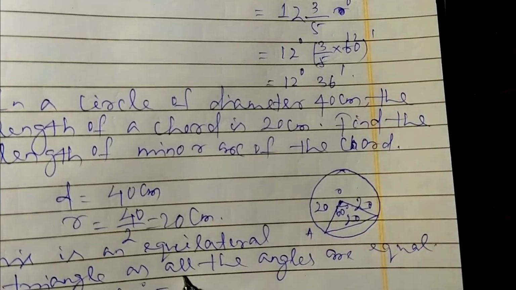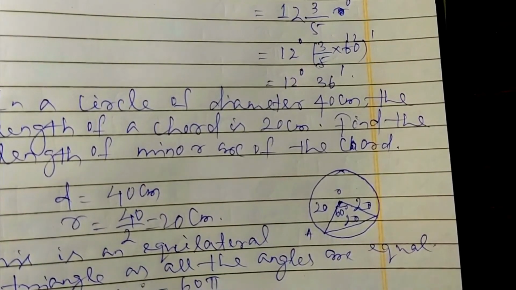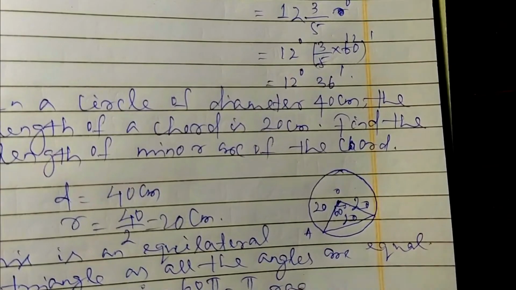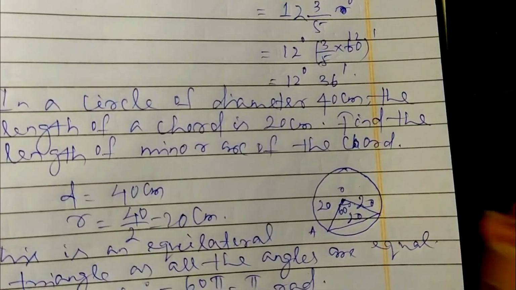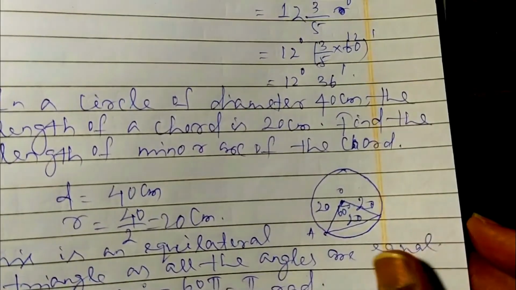180 degrees is pi radian, so 60 pi by 180, that means pi by 3 radian. Now we'll find out the length of this arc.